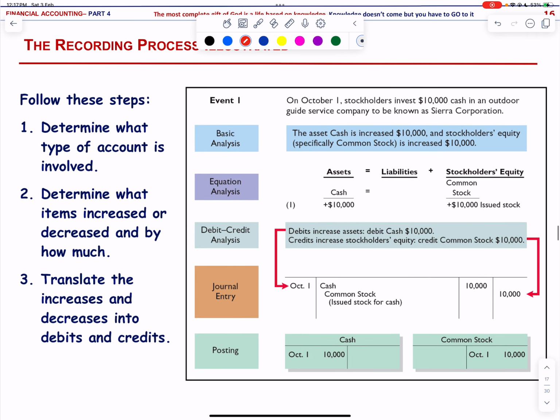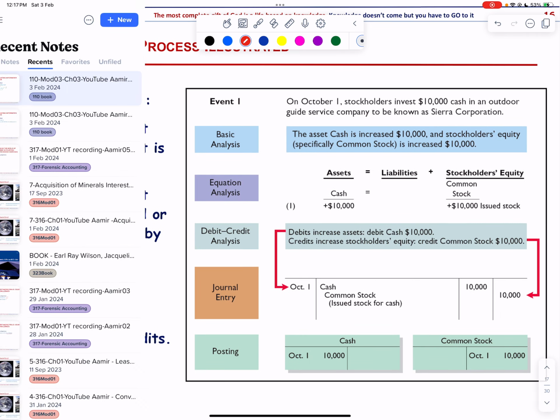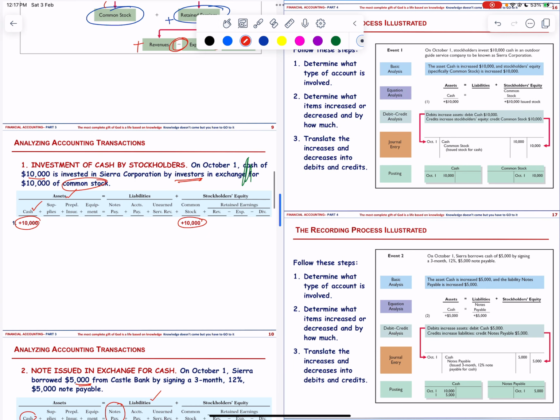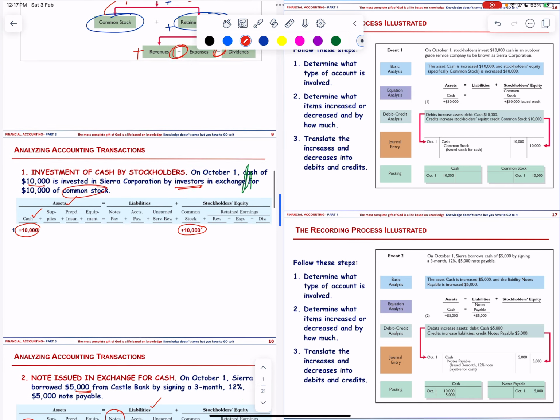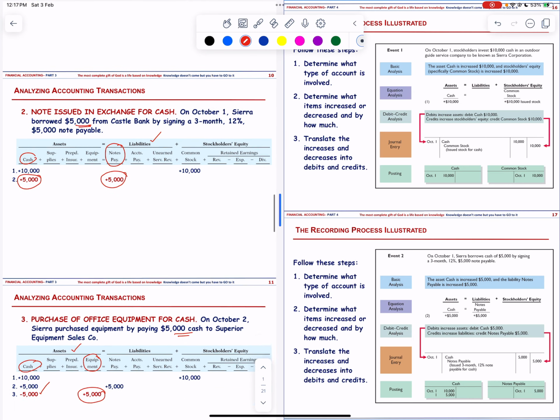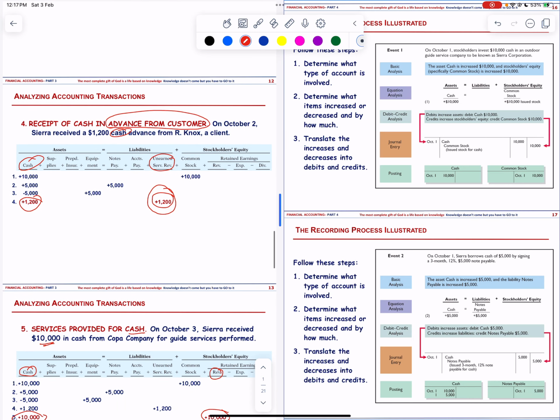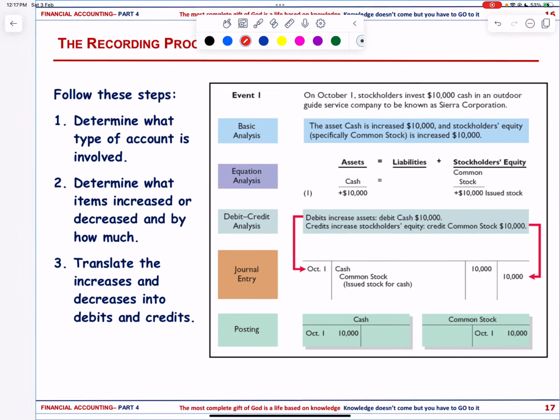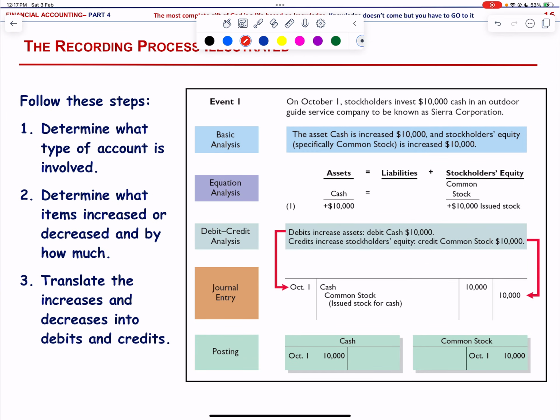Now, these transactions are the same that we have done in the previous video, where we analyzed the transactions and recorded them in the accounting equation. In this video, we are going to journalize, and it is easy to recall what we have done.